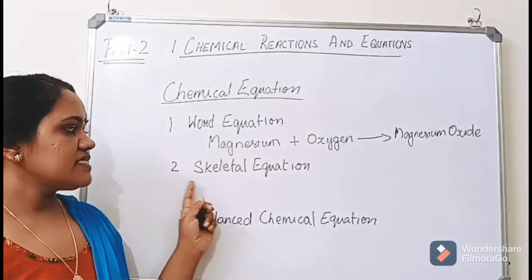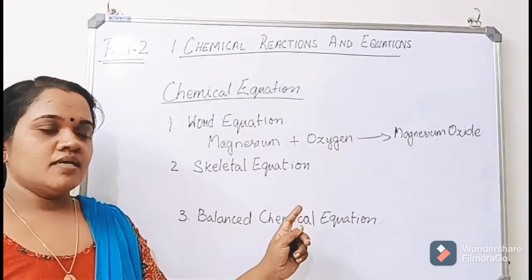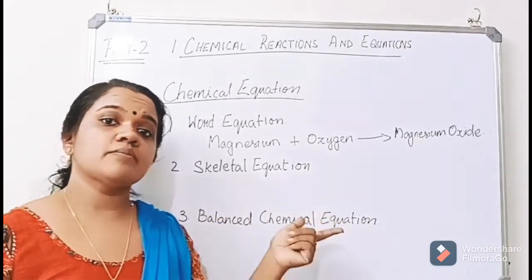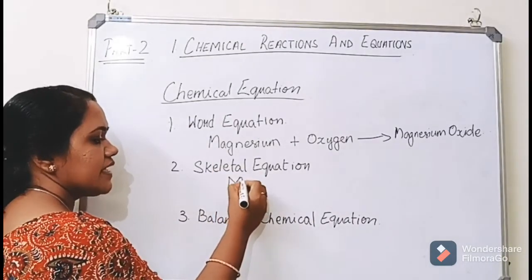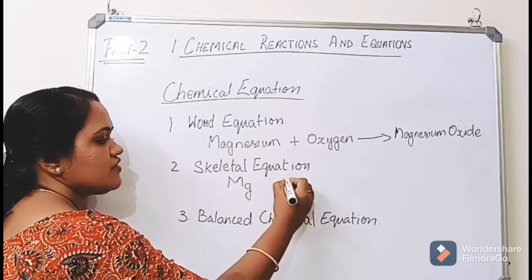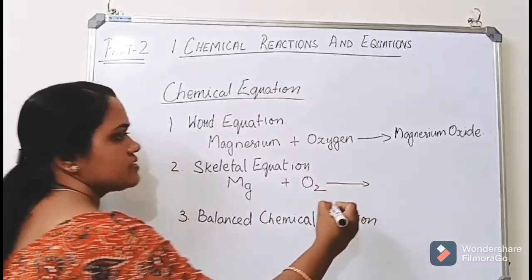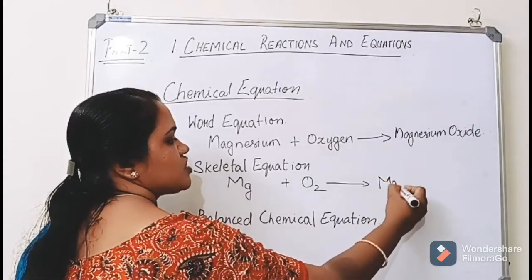Now the second is the skeletal equation. What is a skeletal equation? In a skeletal equation, we represent a chemical reaction using chemical formulas. For magnesium, we will write Mg, and for oxygen, we will write O2, gives, and for magnesium oxide, we will write MgO.